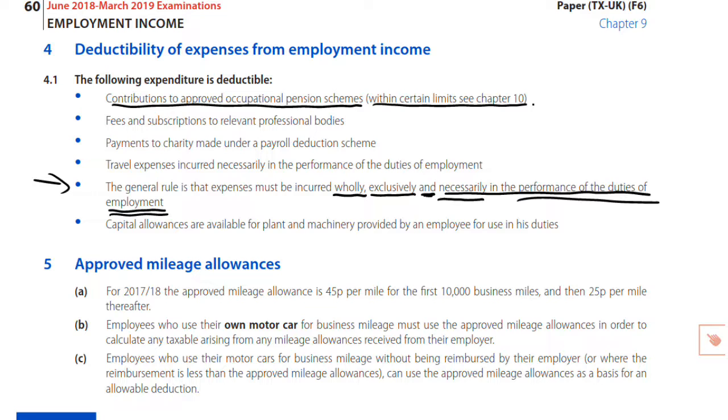The gross figure, 8,000 times 100 over 80, grossing up for the basic rate of income tax, would give you a gross figure of £10,000. Obviously, a gross of 10 at 20%, there would be your £2,000 difference between the gross and the net figures.